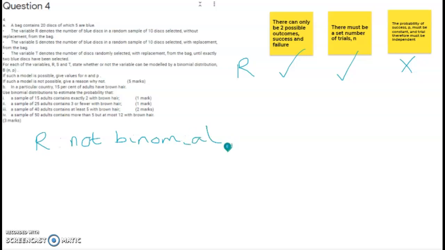And the reason is that p is not constant.